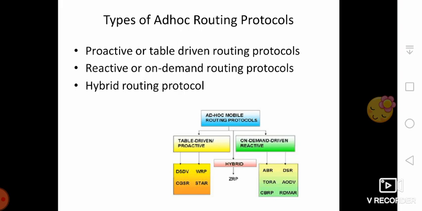This type of protocol is not suited for larger networks. And we have various proactive protocols which use the concept of proactive routing. First one is destination sequenced distance vector routing protocol, that's already said. These are the four types.